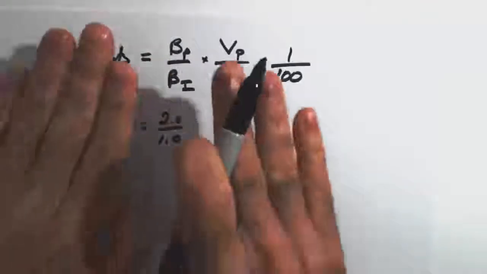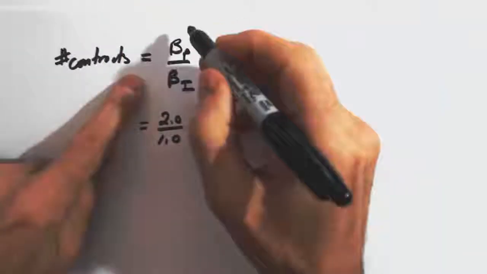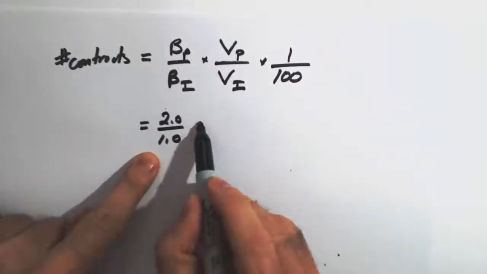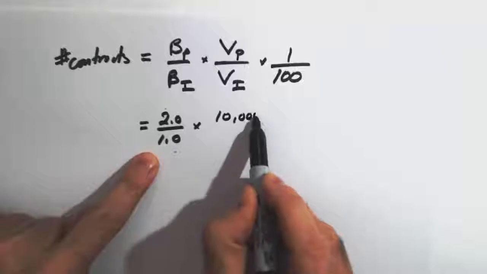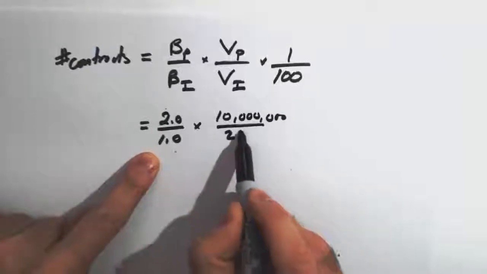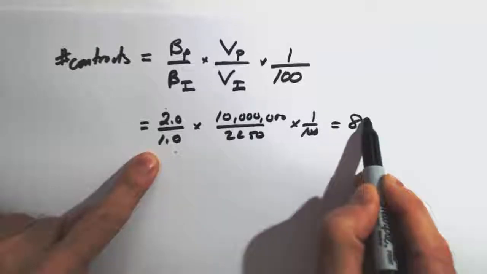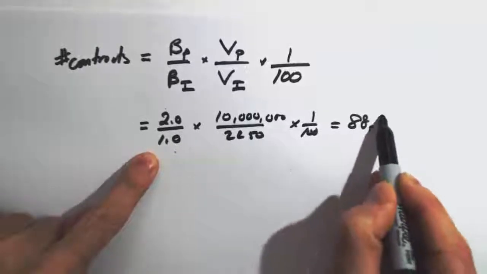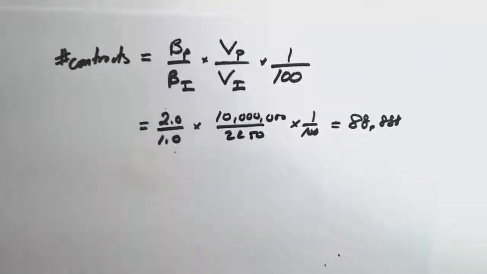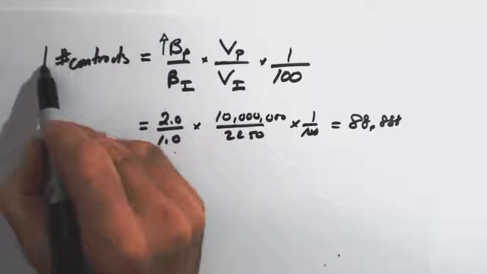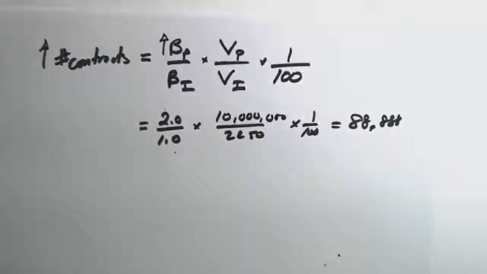What we've just done is double the number of contracts we're going to need because all else has remained unchanged in the problem. So that means we're going to need 88.888 contracts to hedge this position. Why do we need 2? Notice the beta of the portfolio goes up, the number of contracts we need goes up.